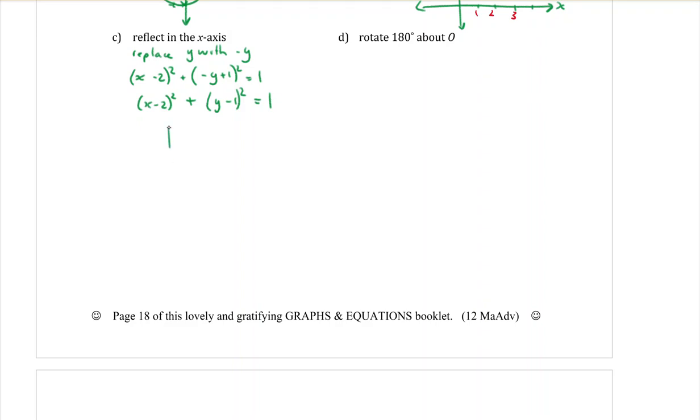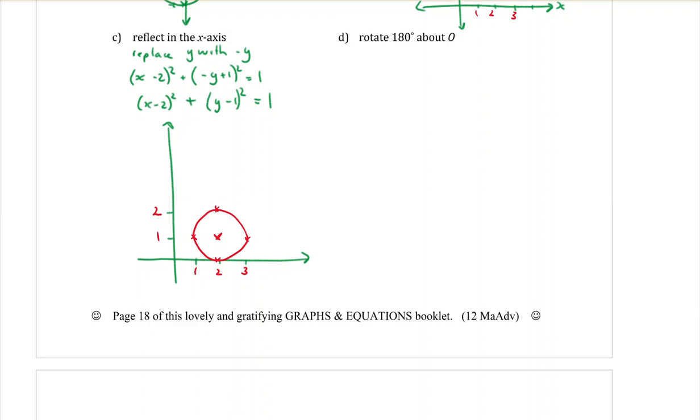So 2 for the x value, +1. So 2, 1 is the center there, and a radius of 1: 1 up, 1 down, 1 left, 1 right. And put a few numbers on there so that markers can see that you've done the right radius the whole way around.